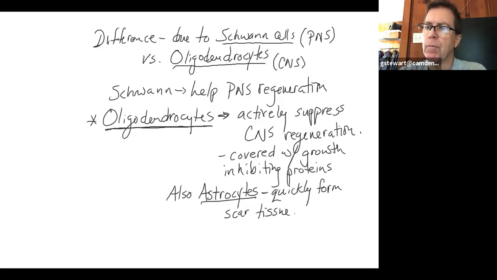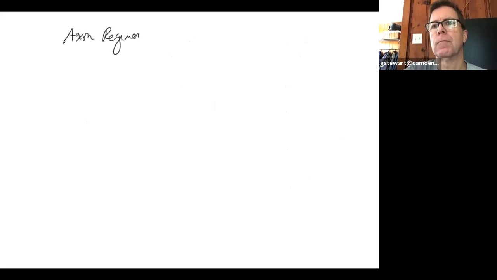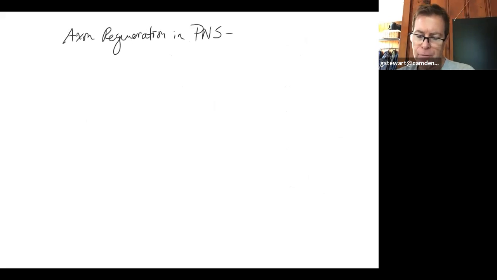All right, I'm going to move over to a new board here and talk about axon regeneration in the peripheral nervous system. So we know that those Schwann cells are a key player in this. I'm going to refer you to figure 13.31.